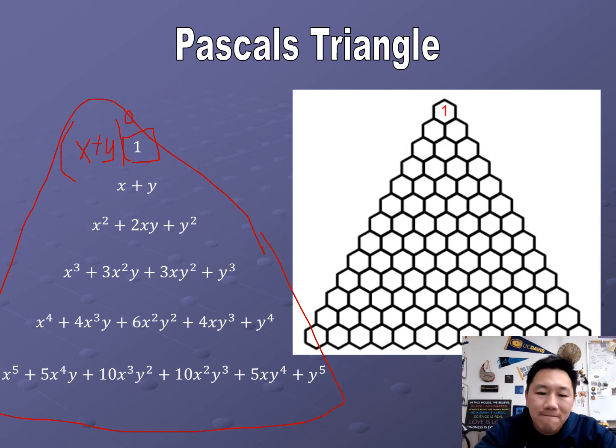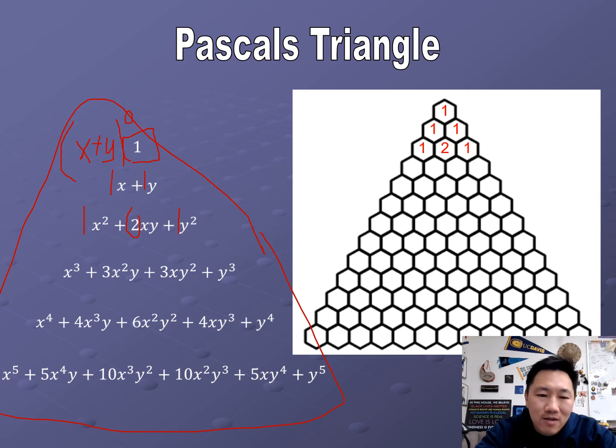There it is. Now the next answer, we have a 1 in the front and a 1 in the front. Guess where those go? A 1 here and a 1 here. The next one is 1, 2, 1.